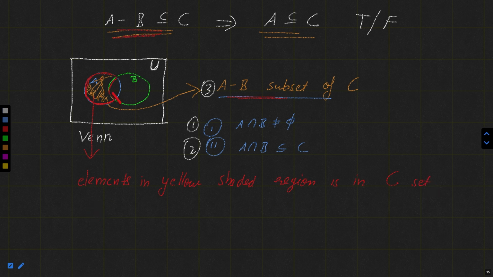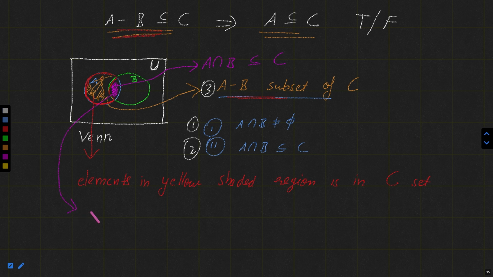Now we also know that A intersection B is also a subset of C. Yes, it is also given.